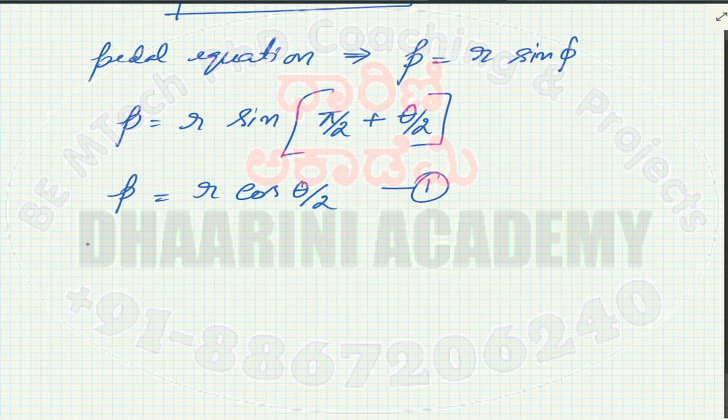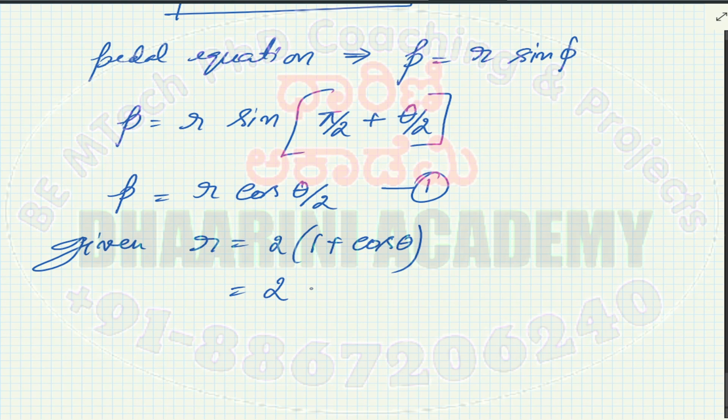Let's hold on to this now. Let's look at what is given. So in the question, they have mentioned that R is equal to 2 into 1 plus cos theta. Okay, so I'm going to make a modification here. 1 plus cos theta is 2 cos square theta by 2.